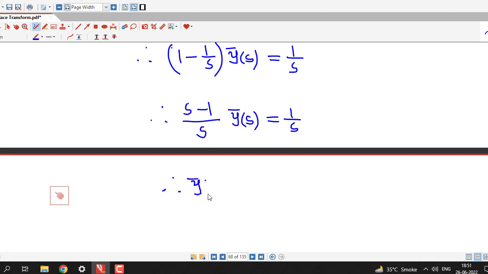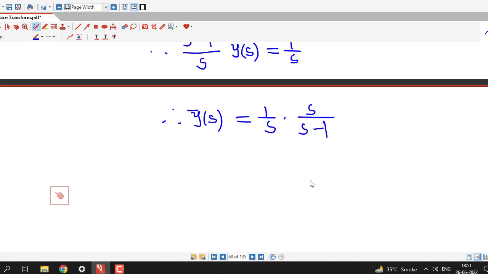Therefore, y bar s equal to 1 by s into s divided by s minus 1, and finally y bar s is 1 divided by s minus 1.